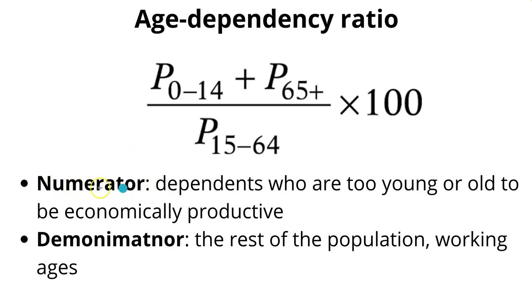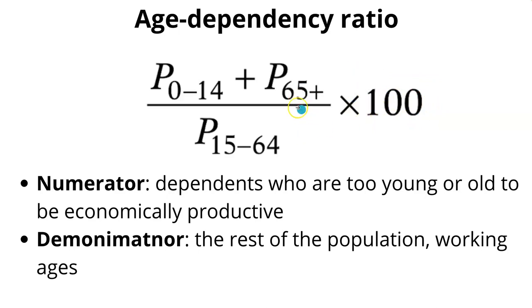So the numerator is on the top, and this is the proportion or the number of population aged 0, the newborn baby, through 14 years old, and the proportion or number of people aged 65 or older, divided by the proportion or number of people between 15 through 64 years old, multiplied by 100 to calculate the percentage.